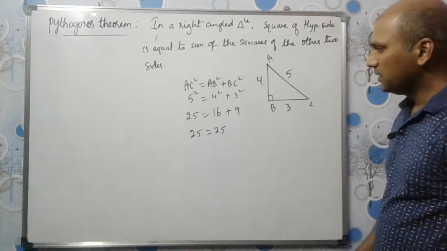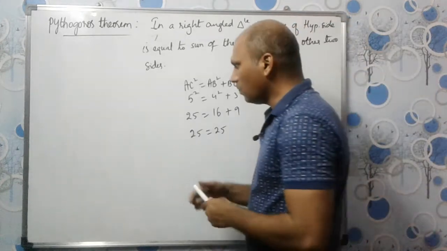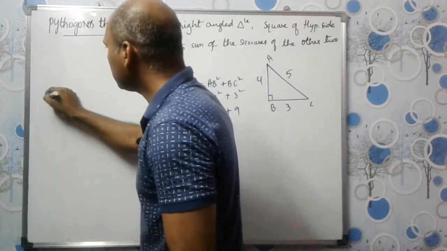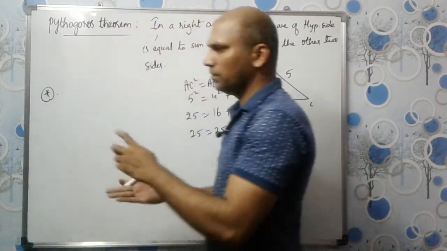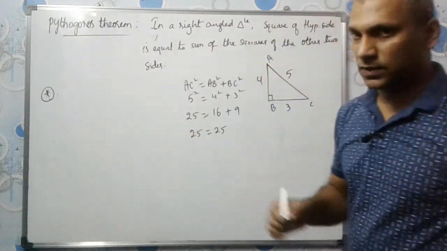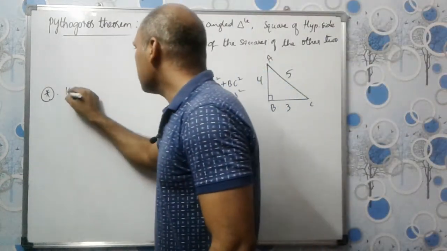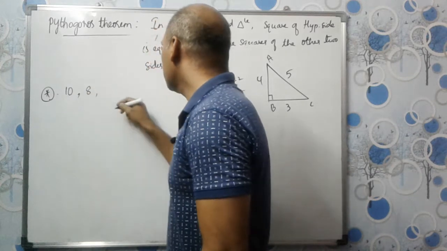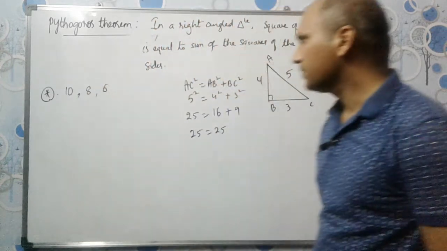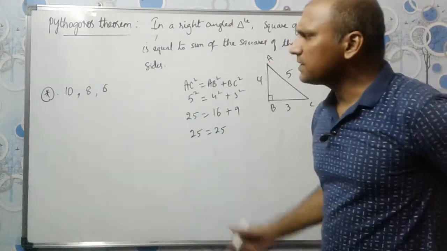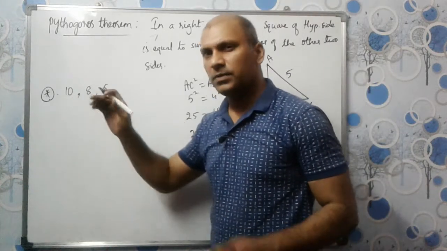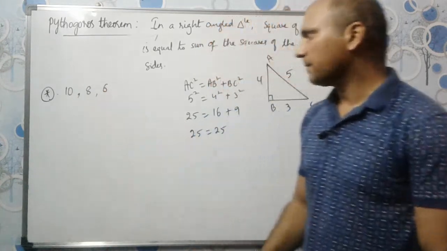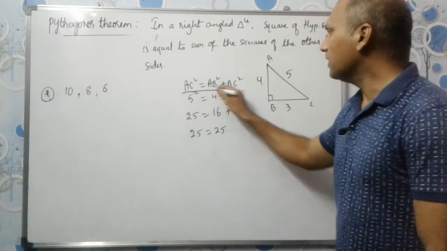Alright. Now let us take one more example. Let us see how we can use the converse. Let us take the sides 10, 8 and 6. So if we construct a triangle using these sides, will it be a right angle triangle or not? For that we need to verify this, right?